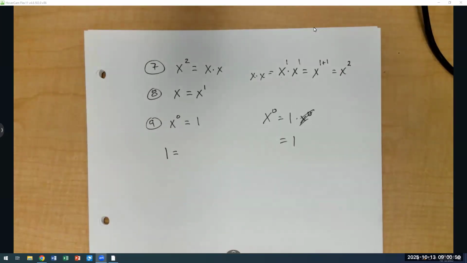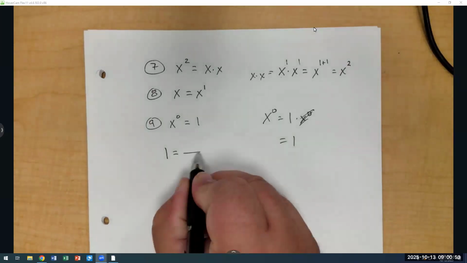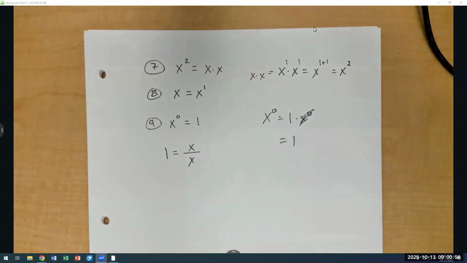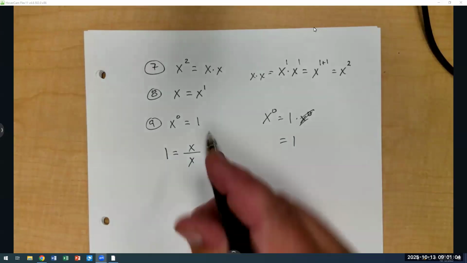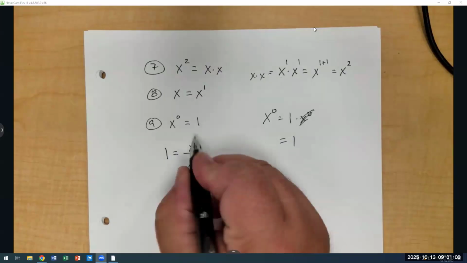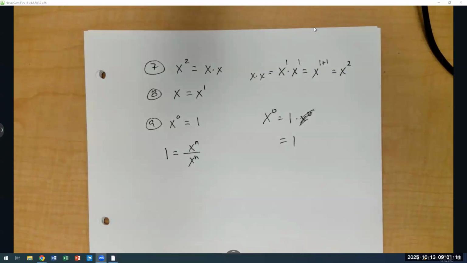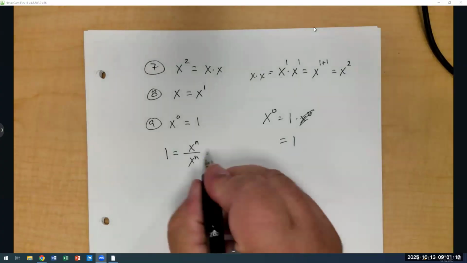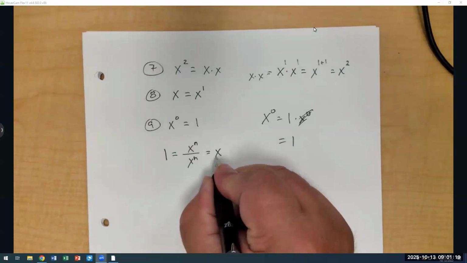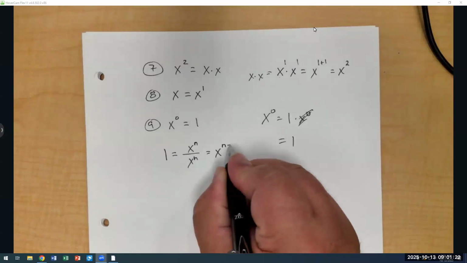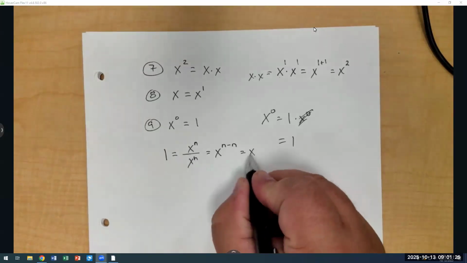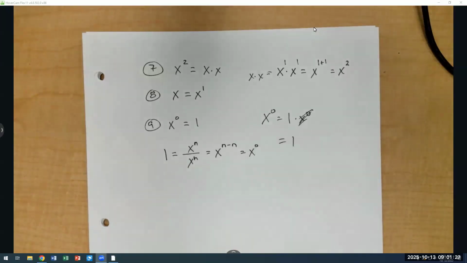It could be 2 or 3 or -1. But if we take x over x, I don't care what x is. X can be horse. Horse over horse is 1. Since that's always true, any number we give it, any exponent we give it, it's also true. Now applying our properties, since I have the same bases, I subtract the exponents. N minus n is 0.